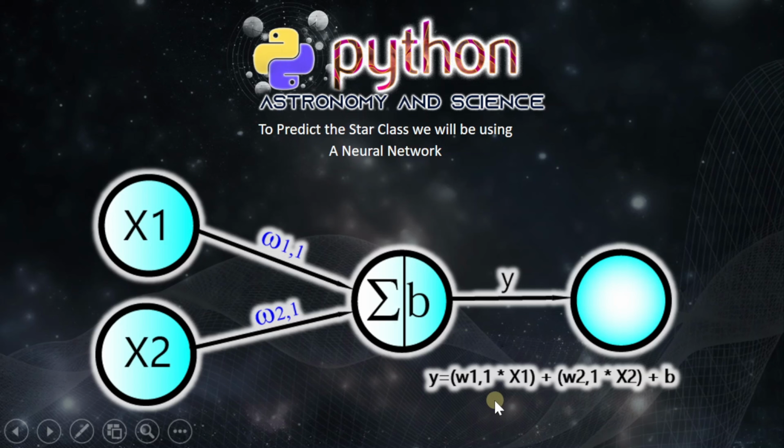The output is equal to the weight of the first connection multiplied by the input to that neuron, plus the weight of the other connection connecting the second input to the neuron, plus finally the bias. So y equals x1 times w11 plus x2 times w21 plus the bias.